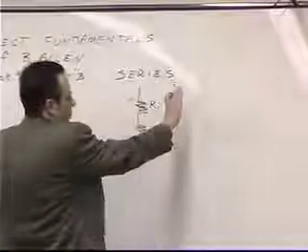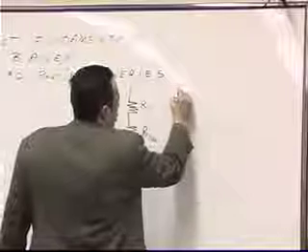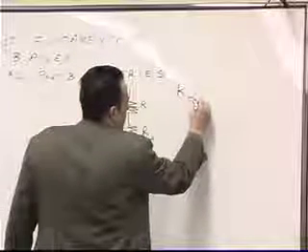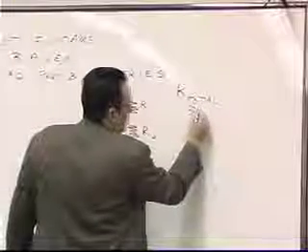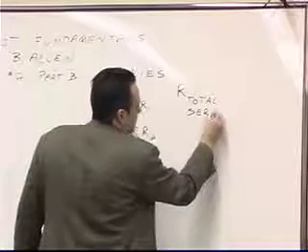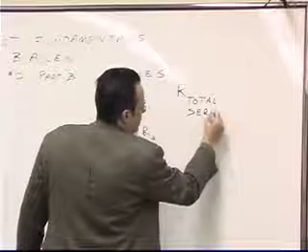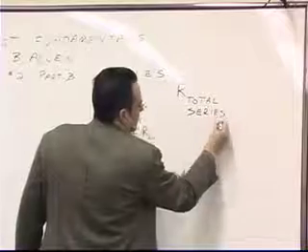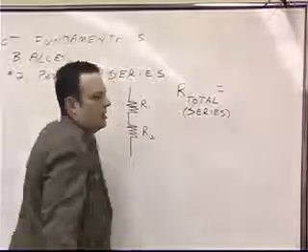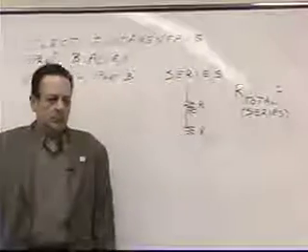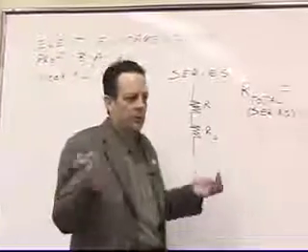Okay, so the formula that we use is that the total resistance of series connected resistors is equal to the algebraic sum of the individual resistors. So what does that look like in a formula? It's real simple.